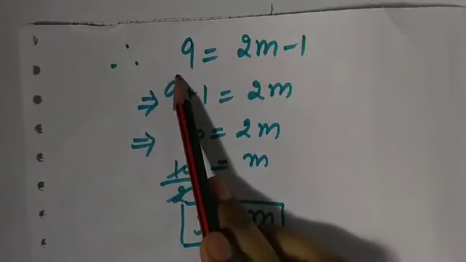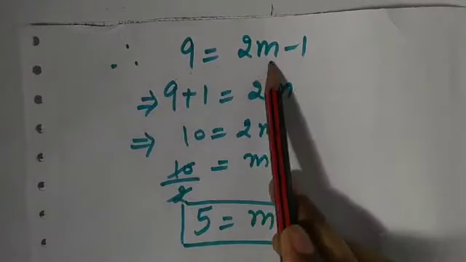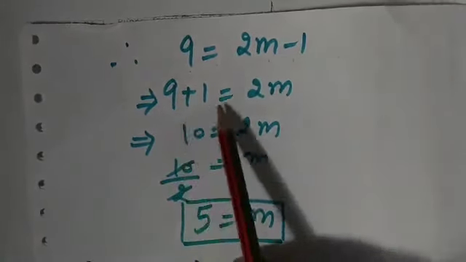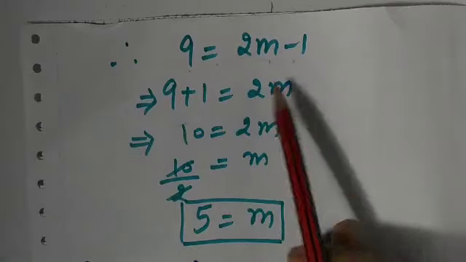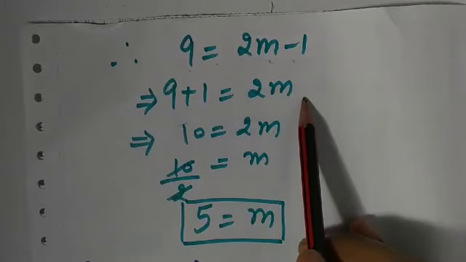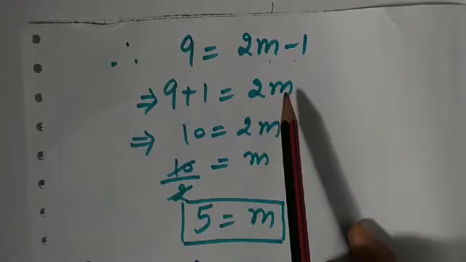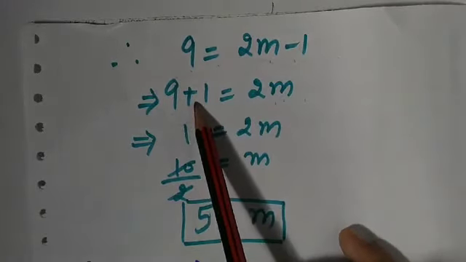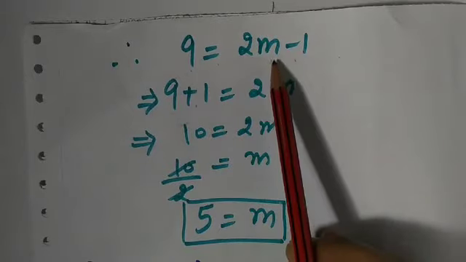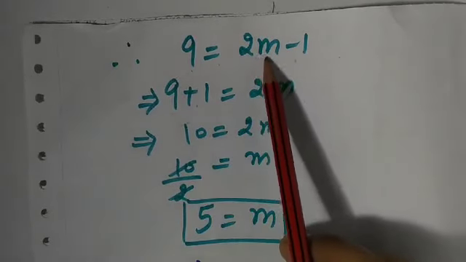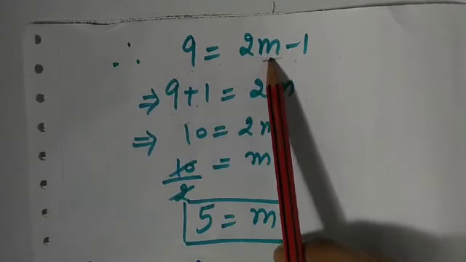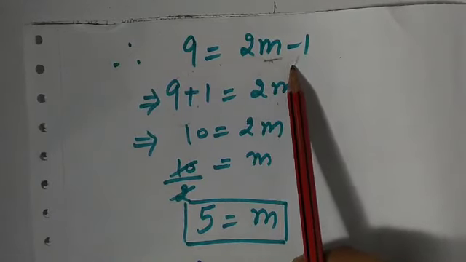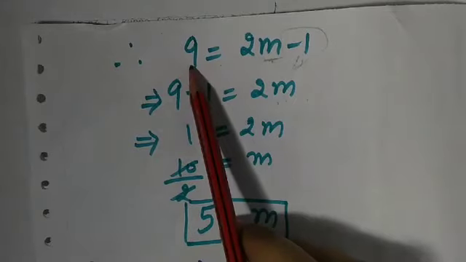Therefore on equating powers, 9 is equal to 2m minus 1. Now I have to solve this equation. Solving equations you will learn in depth in chapter number 4. So how to solve here, I have to find the value of m. For that I have to separate m. For that I have to shift this minus 1 to this side.